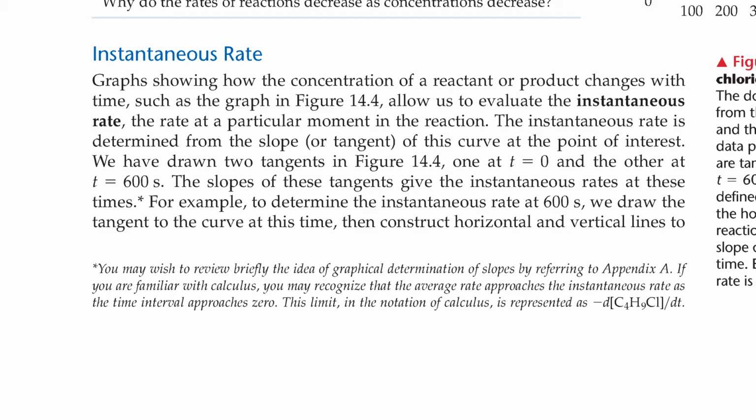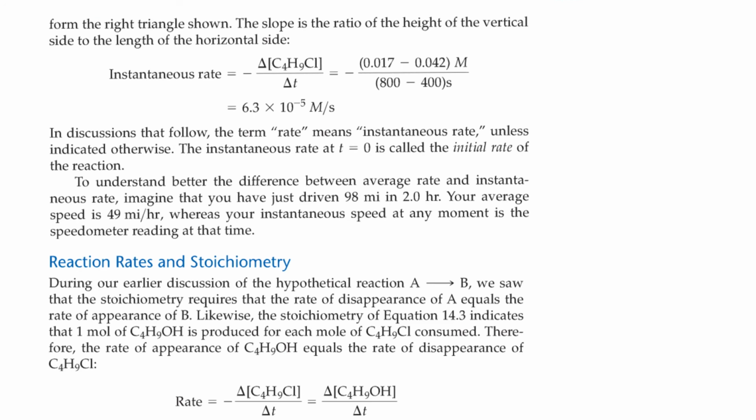For example, to determine the instantaneous rate at 600 seconds, we draw the tangent to the curve at this time, then construct the horizontal and vertical lines to form the right triangle as shown. The slope, the ratio of the height of the vertical side to the length of the horizontal side, is the instantaneous rate.